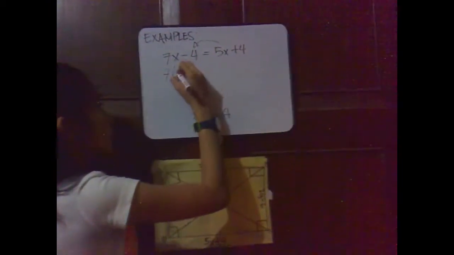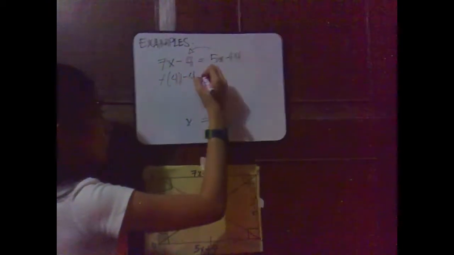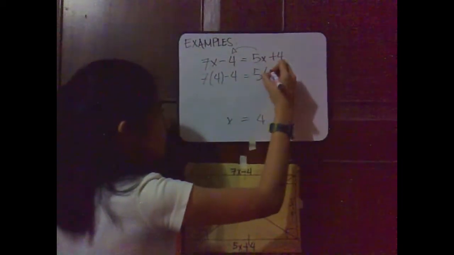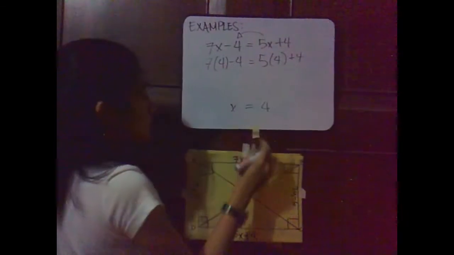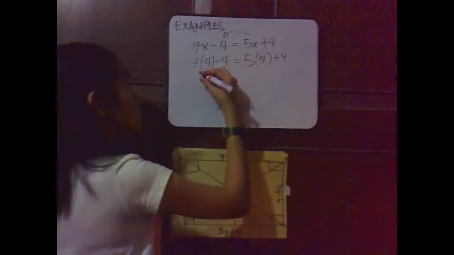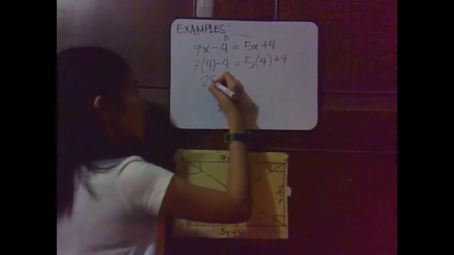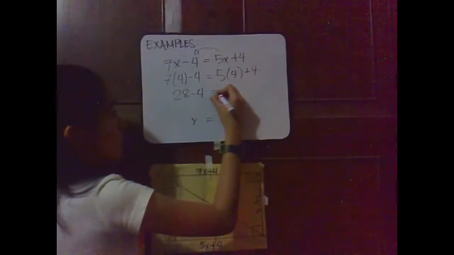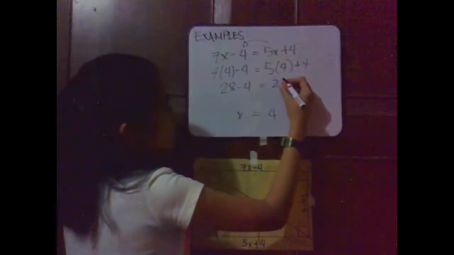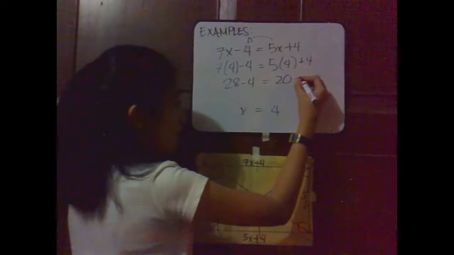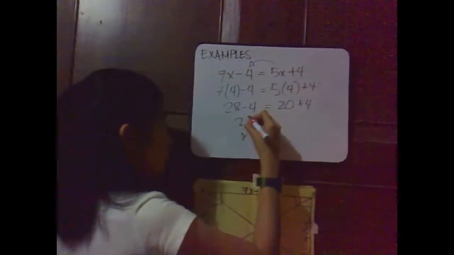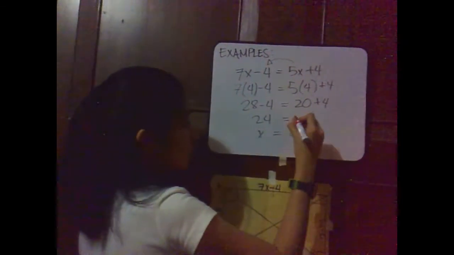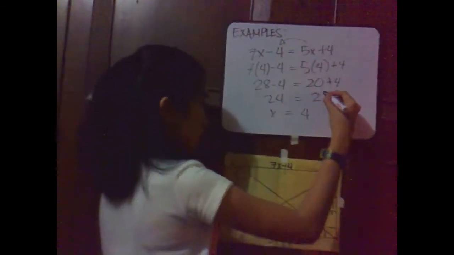7 times 4 minus 4 is equal to 5 times 4 plus 4. 7 times 4 is equal to 28 minus 4. 5 times 4 is equal to 20 plus 4. 28 minus 4 is 24 and 20 plus 4 is 24.